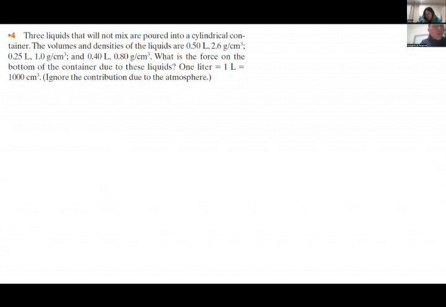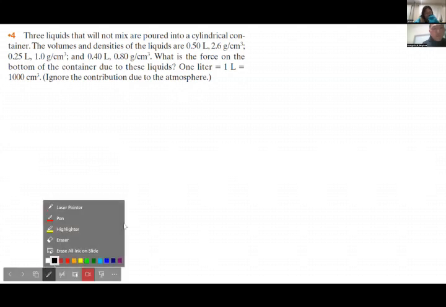Okay, so now the three different liquids are poured into the cylindrical container. Because their densities are different, those three liquids sit on top of each other. Let me change the color of my pen, black is probably better.